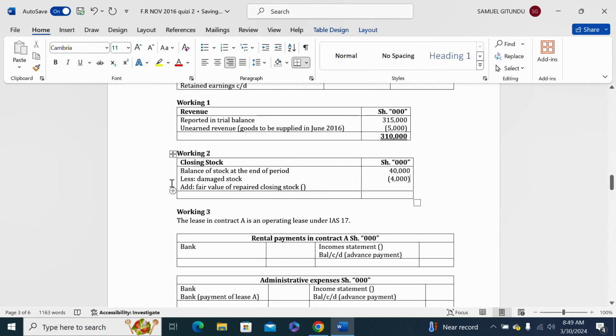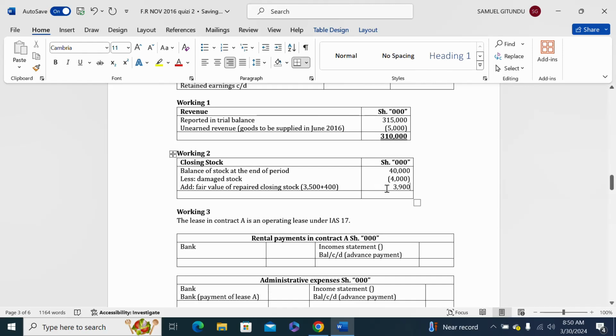But if you find the net realizable value, because that stock can be sold for 3,500,000, less the cost of repair, you are going to get 3,900,000.